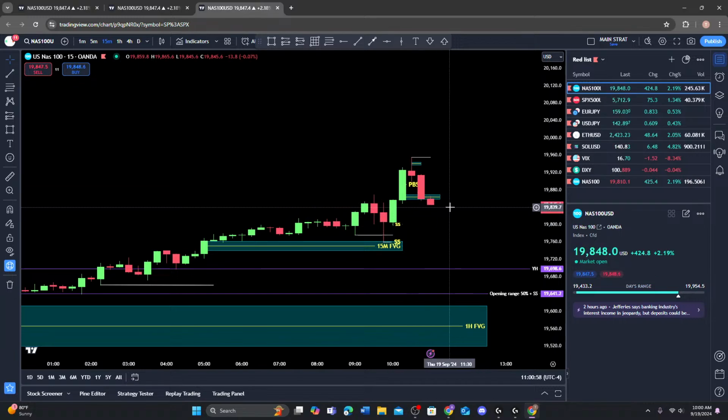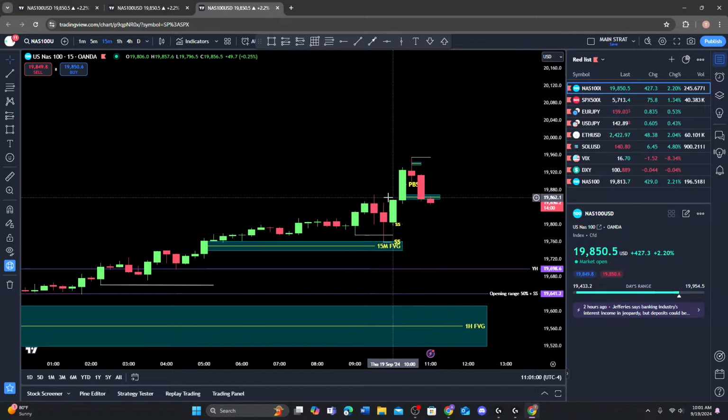So on the 1 hour or 15-minute, we had closed below this fair value gap.